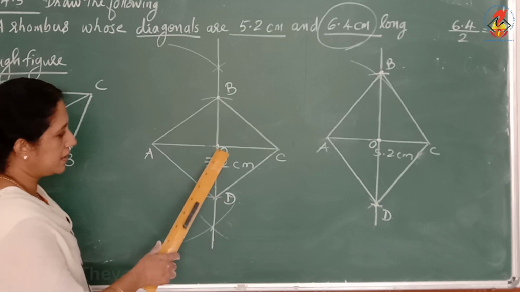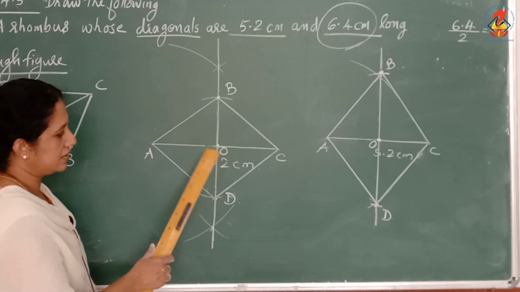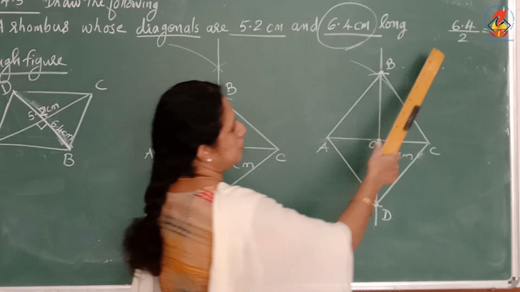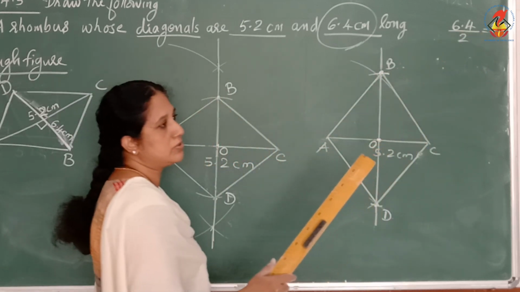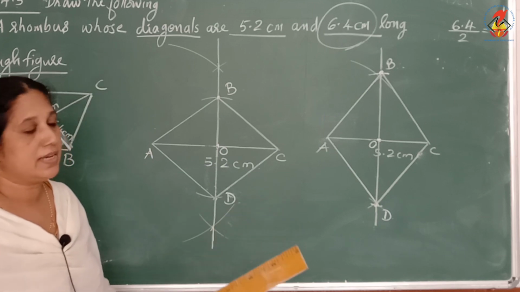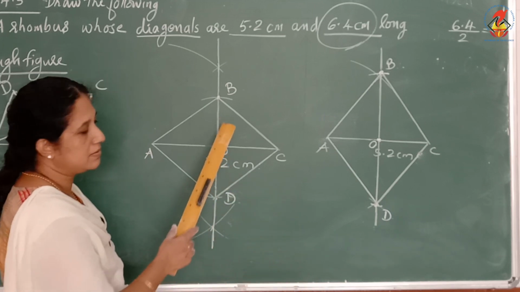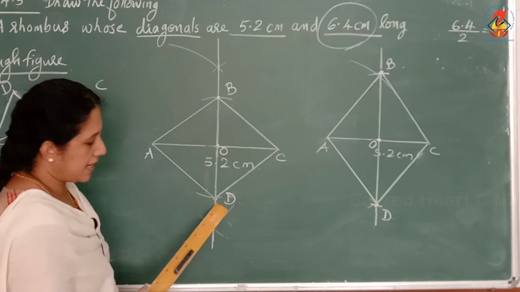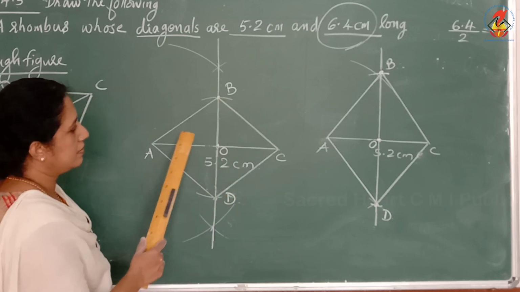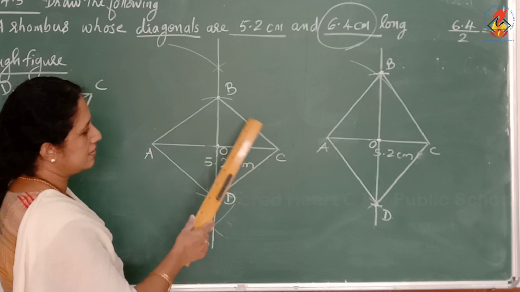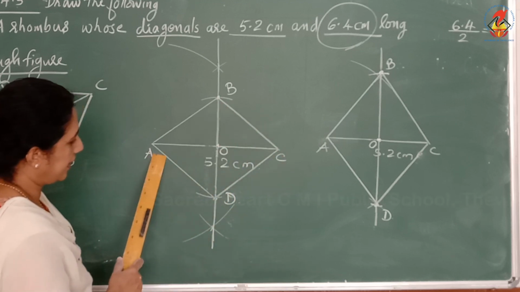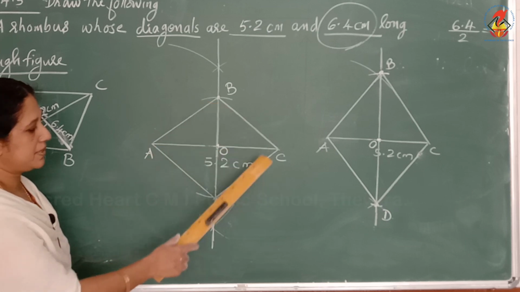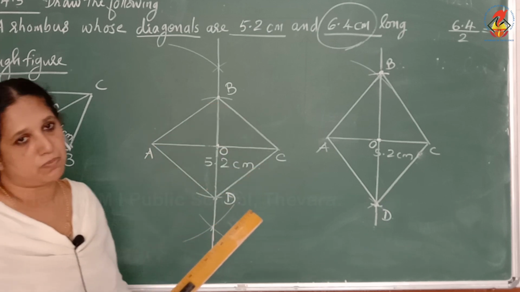Let O be the meeting point of the bisector with AC. Next, cut off 6.4 divided by 2, which is equal to 3.2 centimeter, on either side of the perpendicular bisector, and mark the points as B and D. Join A and B, C and B, A and D, then C and D. Then ABCD is the required rhombus.